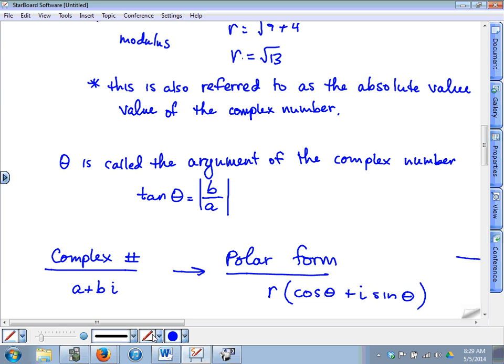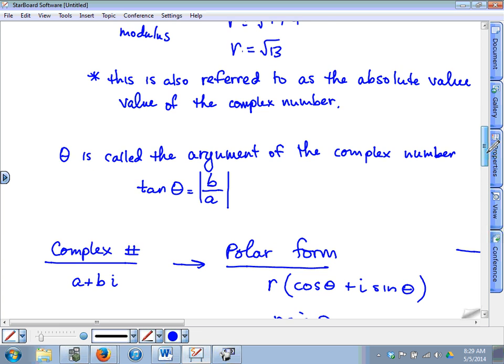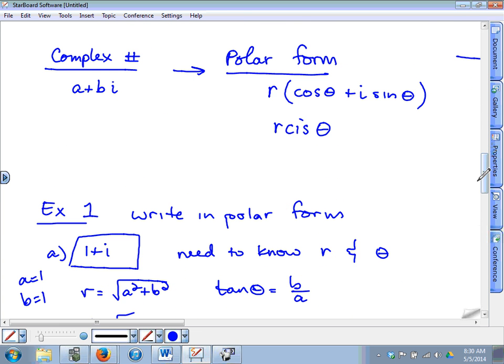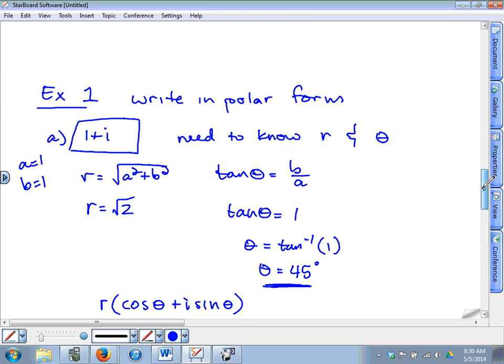Does that make a huge difference? It makes it positive, and that actually is kind of a big deal. Why is that such a big deal? If this is always going to be positive, then the inverse tangent of positive something is always going to give you an angle in which quadrant? Always in the first quadrant. So you never have to worry about negative angles, and then you just use it as a reference angle for whatever angle you need. I don't really like what our book does here with that. But anyway, it is what it is.